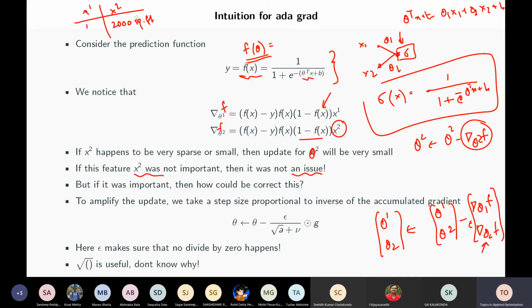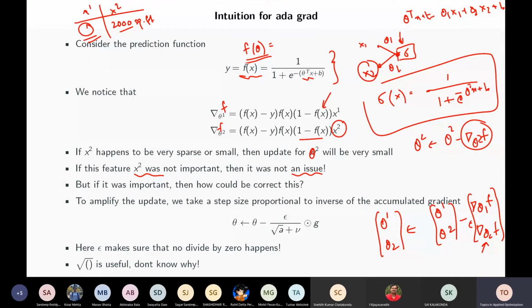It doesn't mean that I'm going to neglect the small one, because compared to this, 1 bedroom is an important feature. 1 bedroom or 2 bedroom is really another important feature. So there may be smaller values for some feature, but it doesn't mean that I have to neglect that. In some cases I have to give prominence to that.